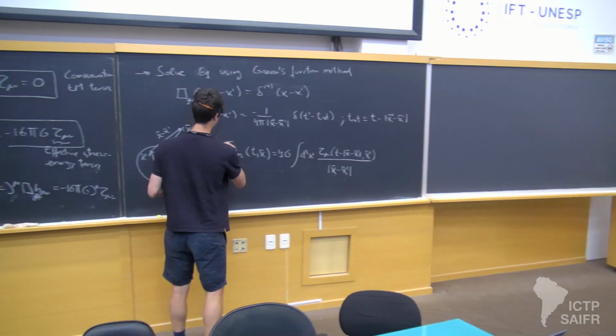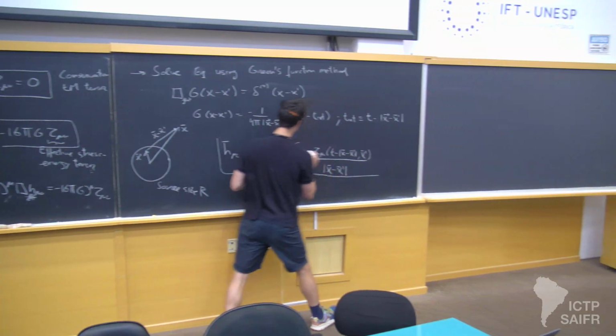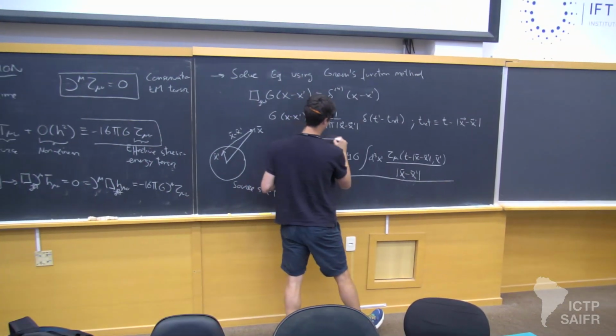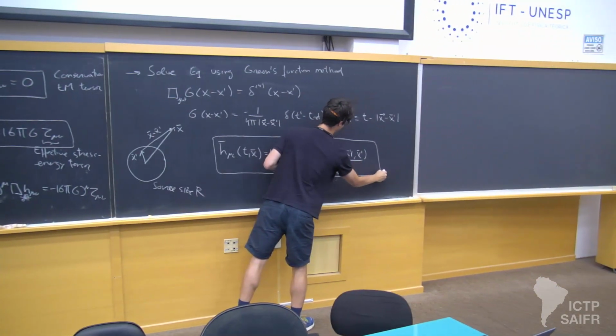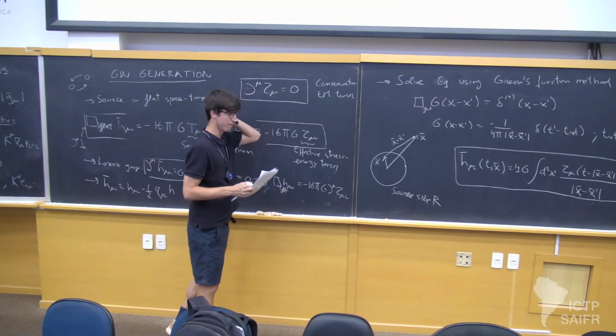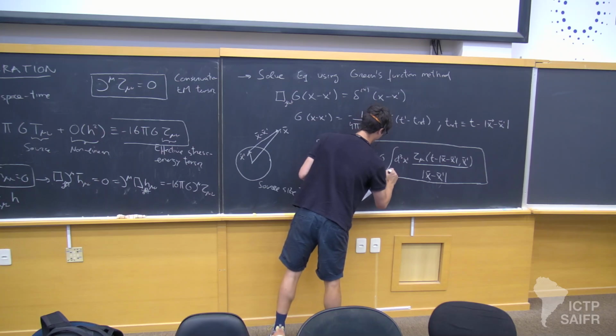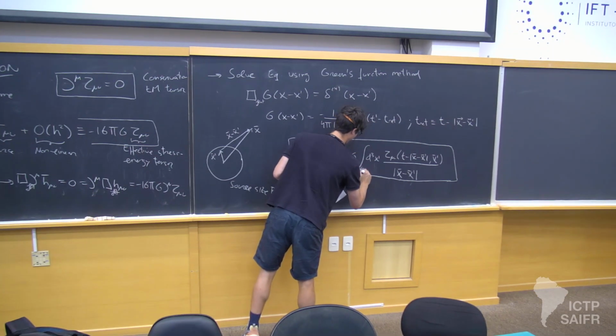So this is the formal solution that tells you how gravitational waves are sourced. And of course, this integral goes over the volume of the source.